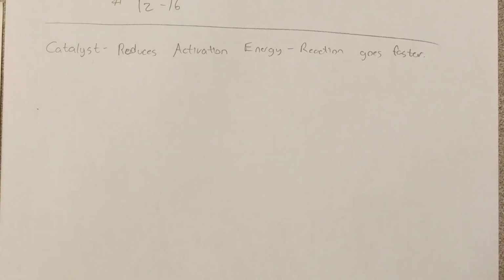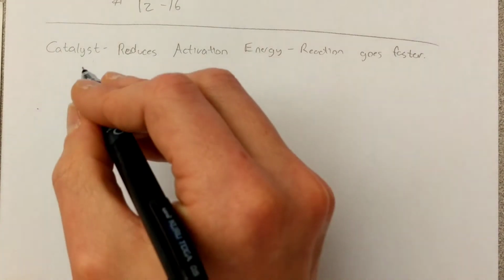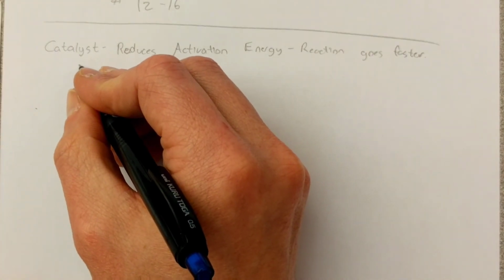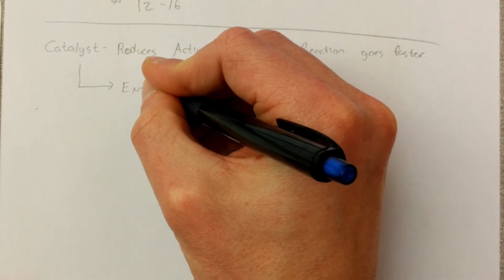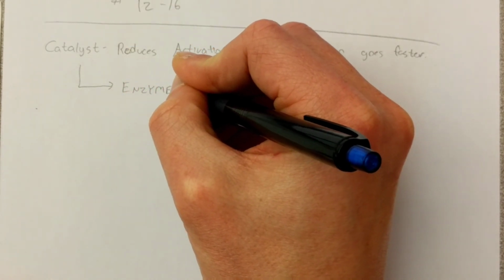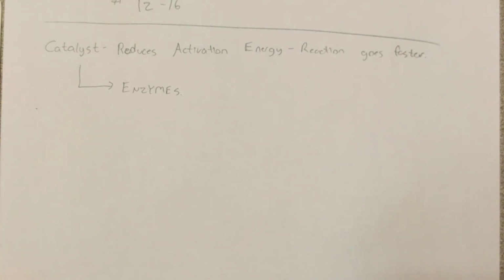Now, if I'm talking about a specific type of catalyst that's inside of an organism, the special type of catalyst that's inside of an organism is called an enzyme. Enzymes help reduce the amount of activation energy needed, which makes reactions go much faster.